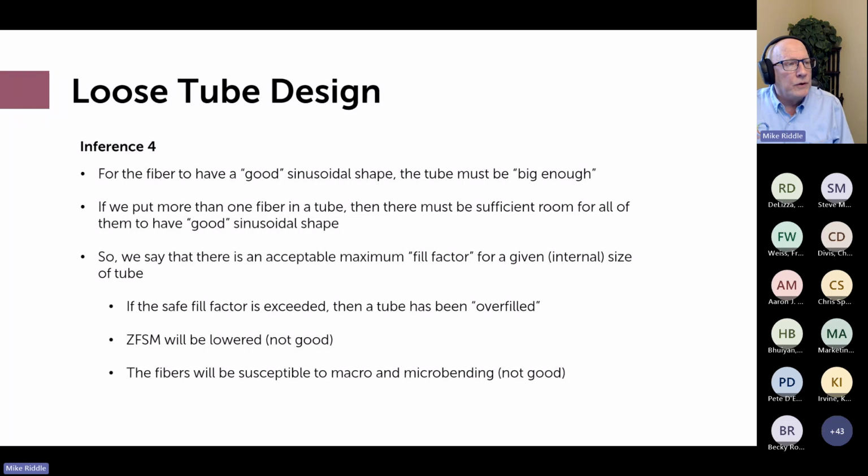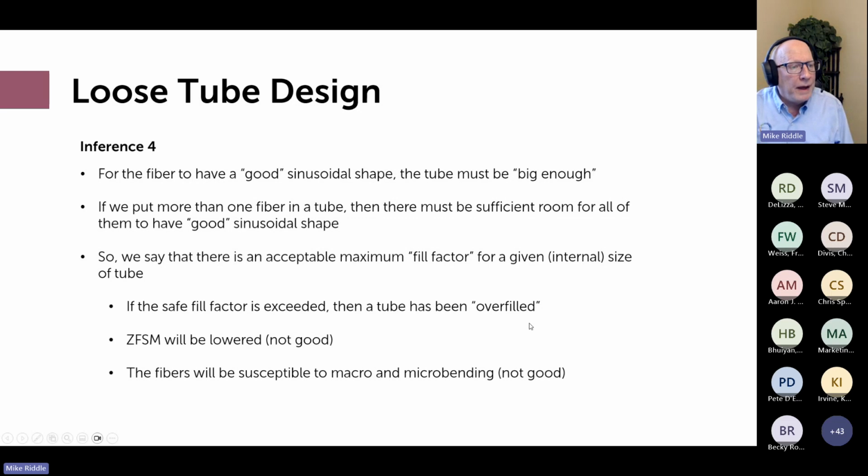For the cable to have a good sinusoidal shape, the tube has to be big enough. Common sense, right? As soon as we add more fibers into a tube, there has to be sufficient room for all of them to have their good sinusoidal shape. So from that, we say there's an acceptable maximum fill factor for a given internal size of tube.